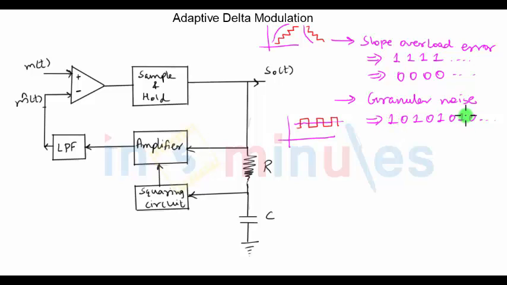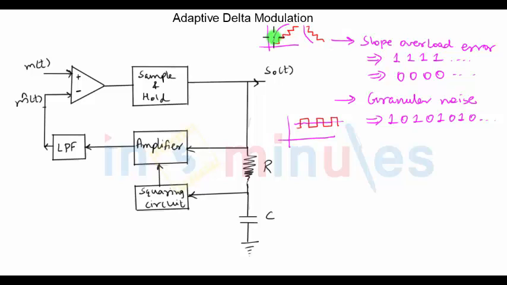Now the next question is how to overcome slope overload and granular noise. The major reason that delta modulation cannot correct slope overload or granular noise is that the step size with which m cap t increases is constant.